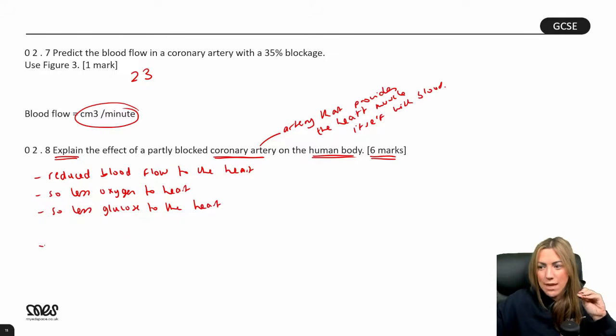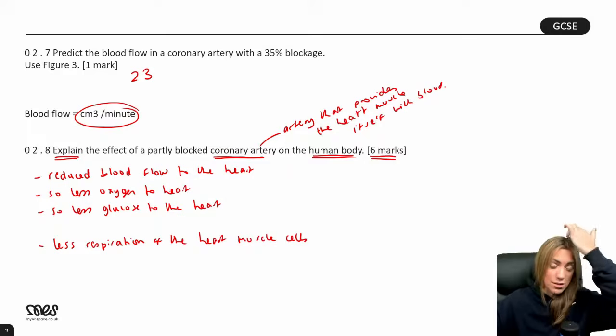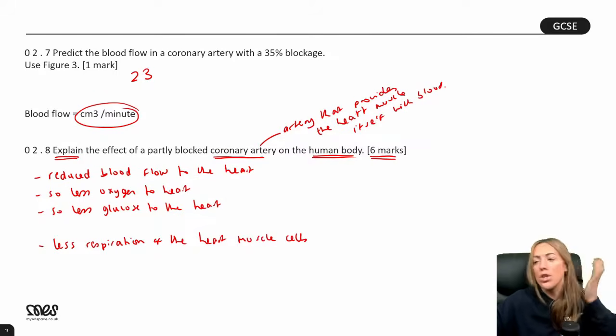So what does this mean for the heart? Well, it means less respiration of the heart muscle cells. You could say aerobic respiration, because obviously if it's getting less oxygen, it's going to be doing less aerobic respiration. Or at this point, you could just say less respiration of the heart muscle cells.